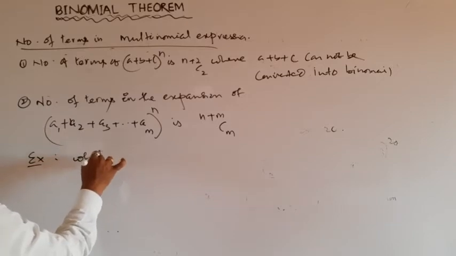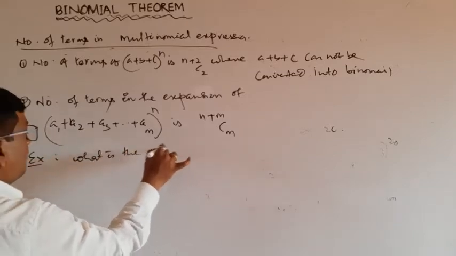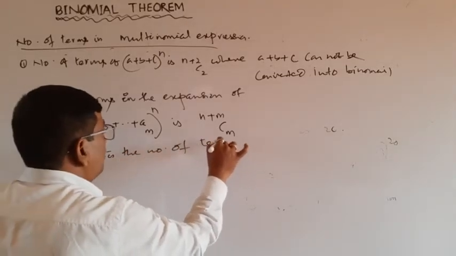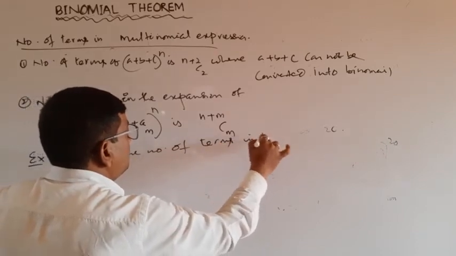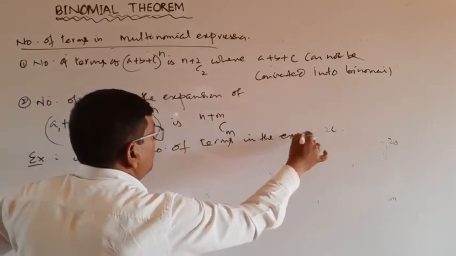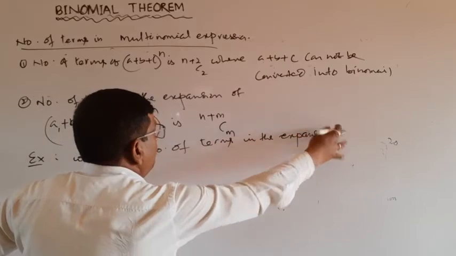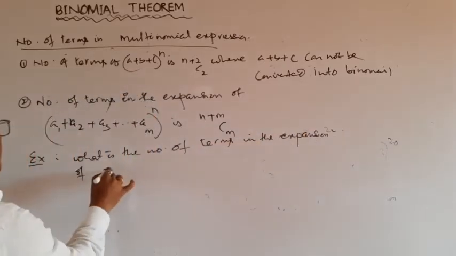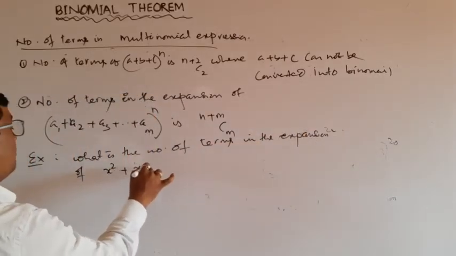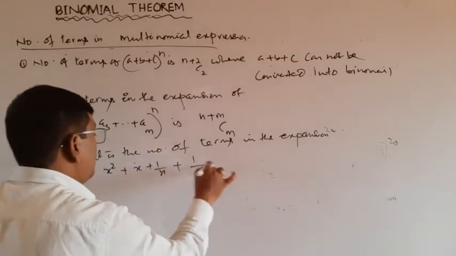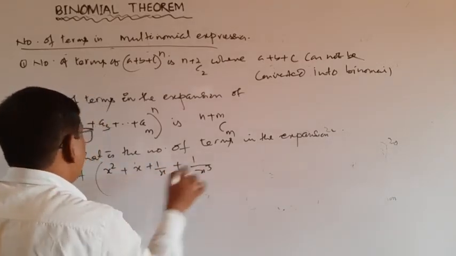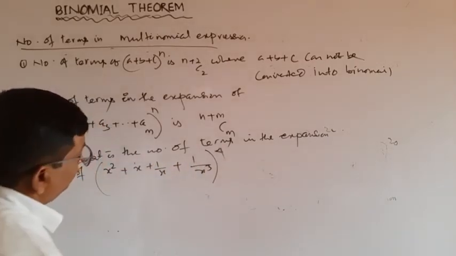What is the number of terms in the expansion of x square plus 1 by x plus 1 by x cube whole to the power 4?